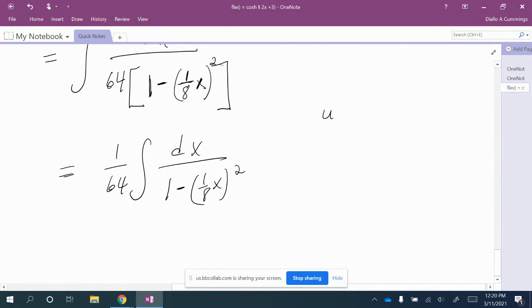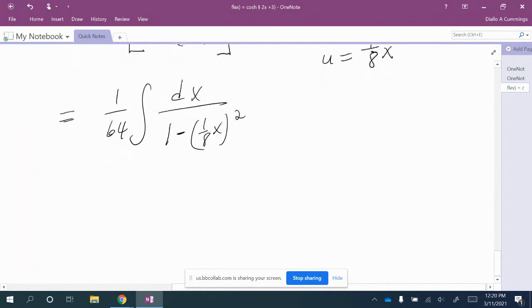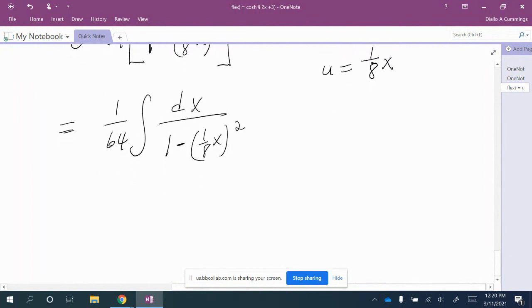So I'm going to substitute u for 1/8 x, because that will allow me to rewrite the denominator as 1 minus u squared.